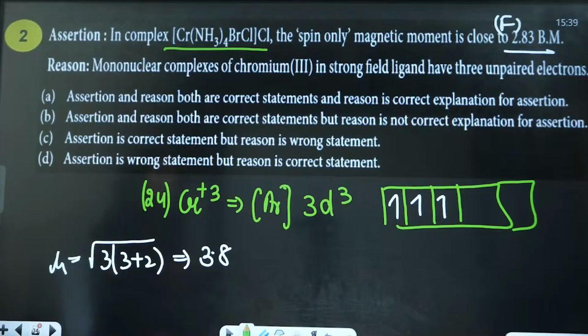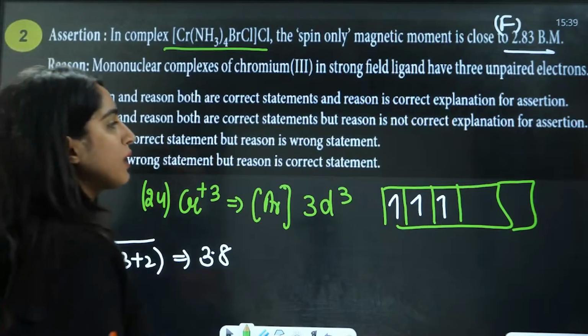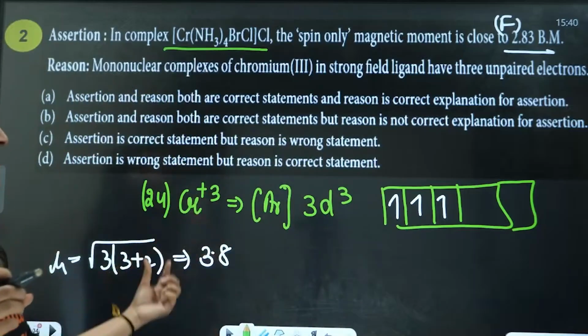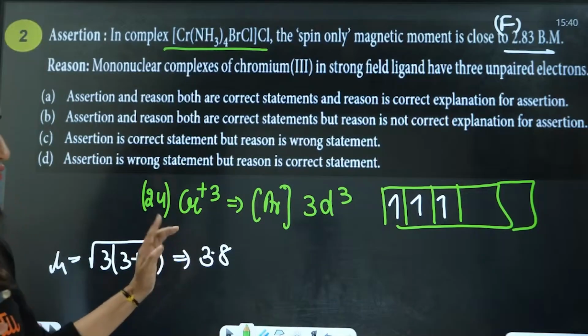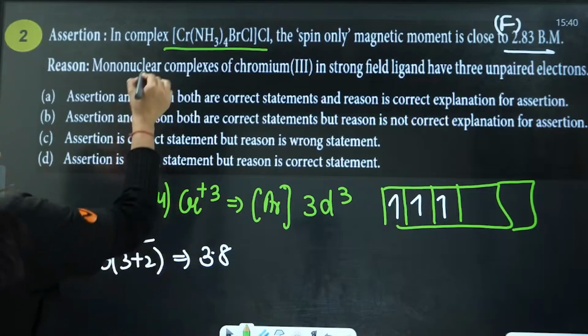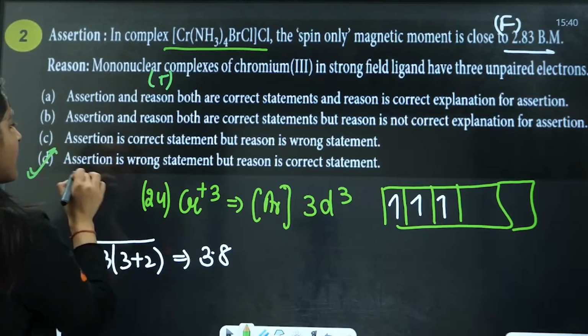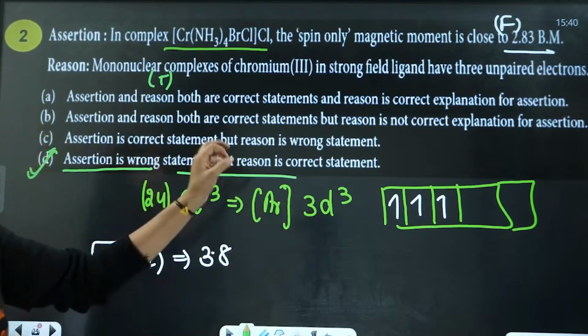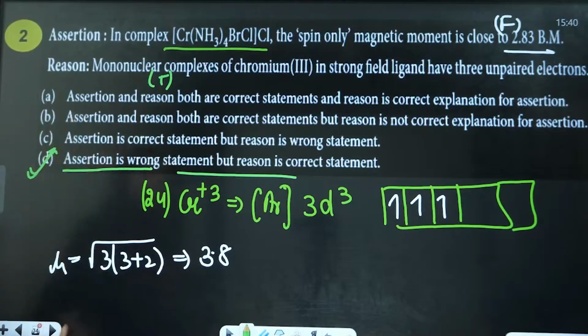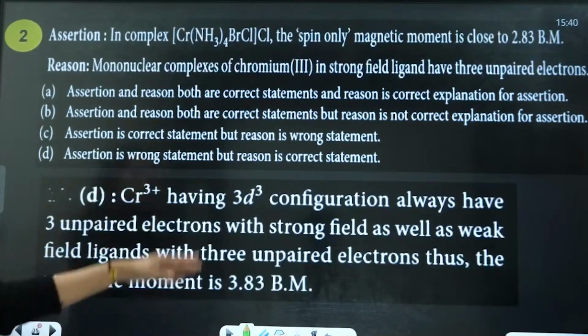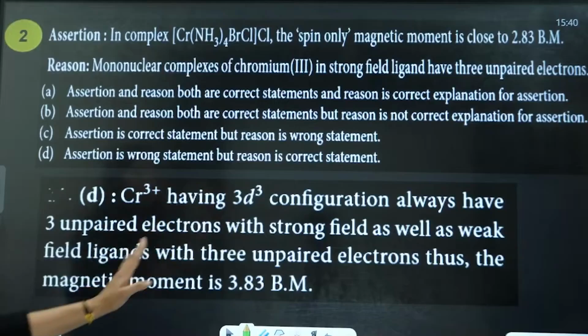Even if we talk about a strong field ligand where there should be pairing, it is still going to have 3 unpaired electrons only. So this statement is true. So D is correct: the assertion is wrong, but the reason is the correct statement.